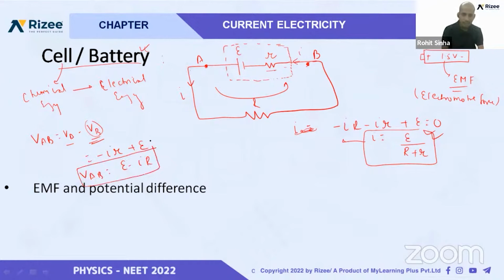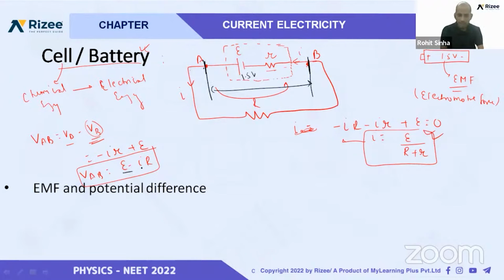What are we seeing here? Suppose we have purchased one battery from a shop. It is written 1.5 volt. But when we connect it to a clock or any device, the potential difference across the terminals decreases.